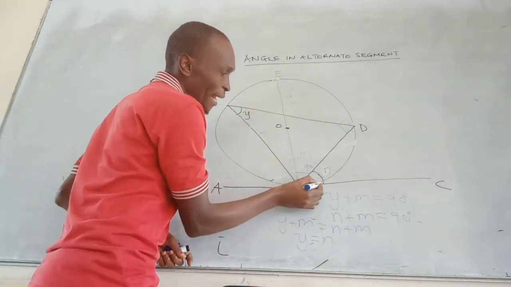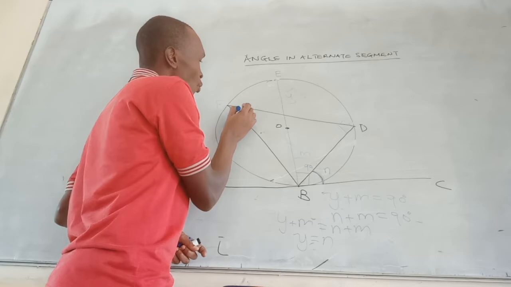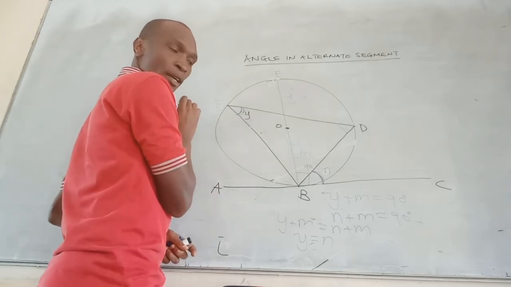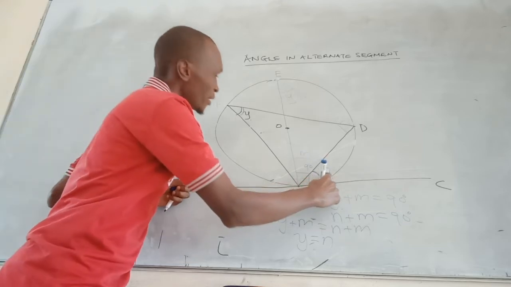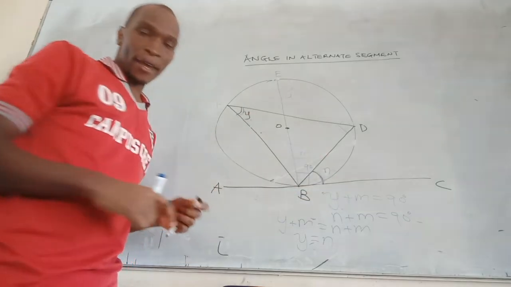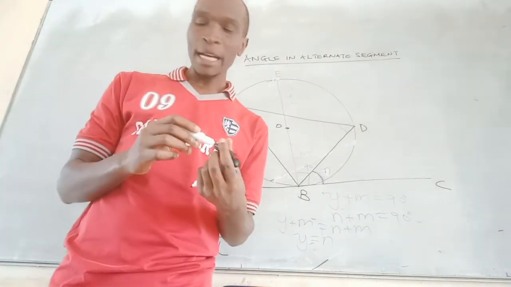Therefore, we say that N equals Y. We have been able to prove that angle N equals angle Y. Now, we want to take an example.